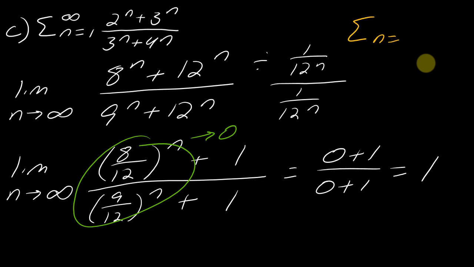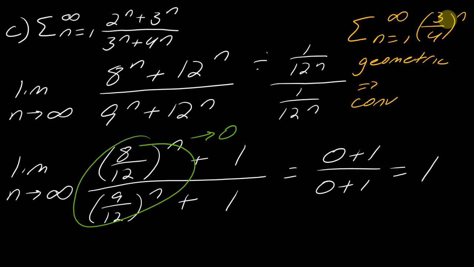The thing about this series, 3 over 4 to the n, is that it's a nice one to compare to because I know that this is geometric. And since it's geometric and a fraction less than 1, this will converge. So this was a great choice because this is something that converges.